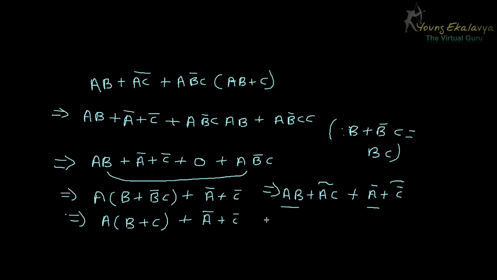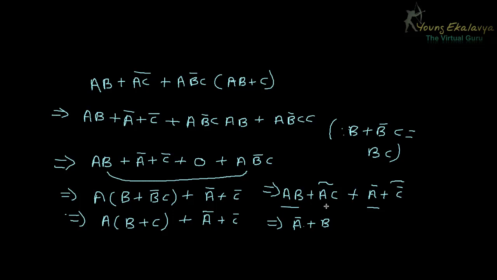So what do we get? This one, AB plus A bar, results in A bar plus B. Sorry. Understood how? Normally we have B plus B bar C, but here we have a complement in one case and don't have a complement in the other. So it results in A bar plus B.